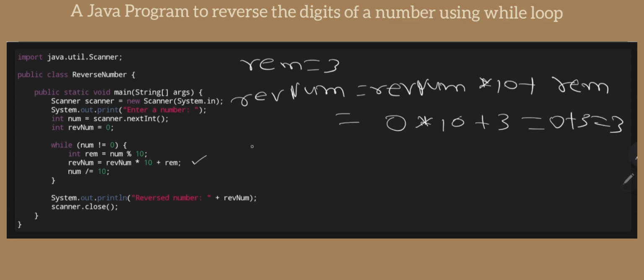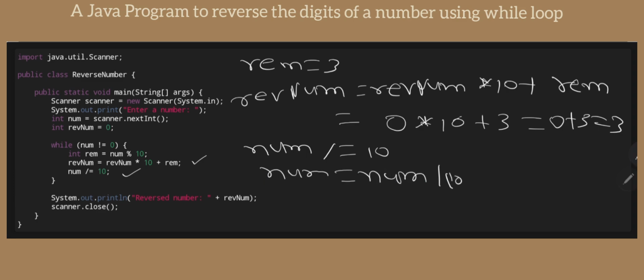Now we have to check this line, num divided-equal 10 means num equal to num divided by 10. Is it clear? So num is 123 divided by 10.